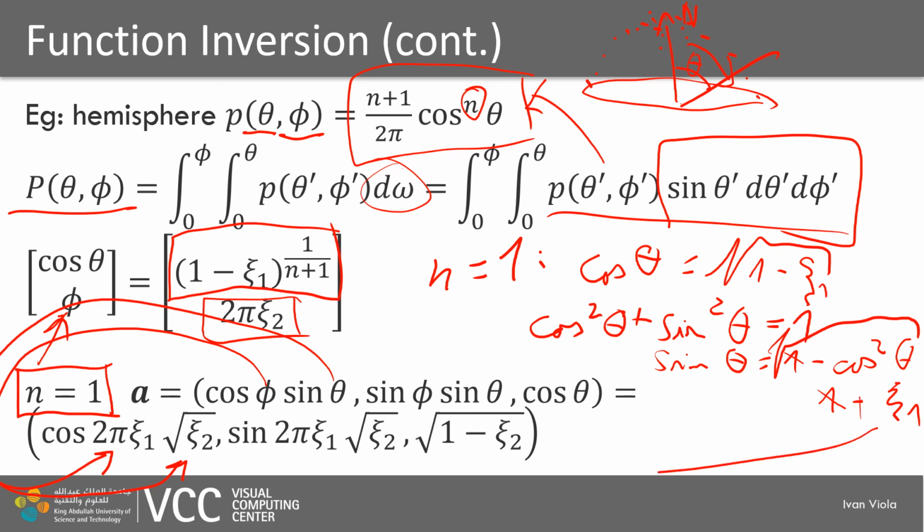Therefore, here in the square root, we have the canonical random variable. And then for the sine phi, sine theta, we have here the product of these values. And for the cosine theta, we have this value as we have calculated it here for n equals 1. So this way we can sample our hemisphere in a fair way given a certain probability distribution.